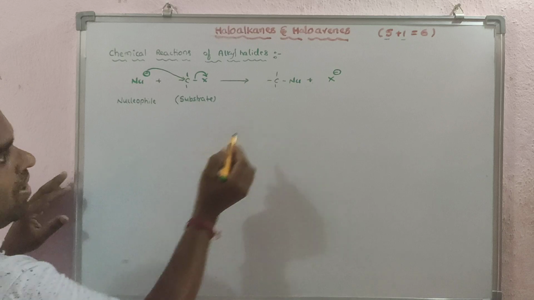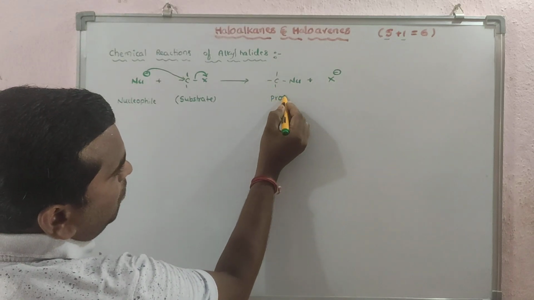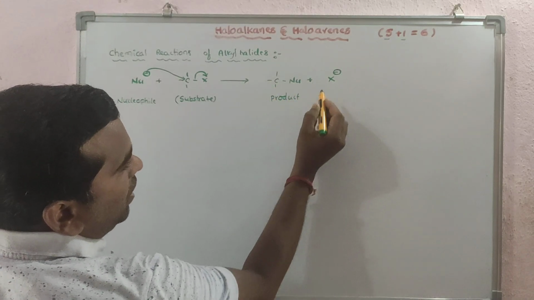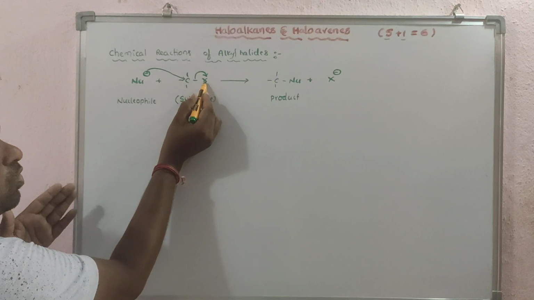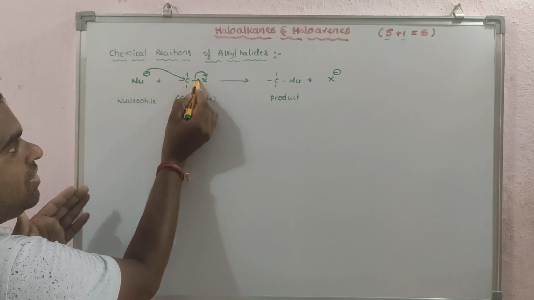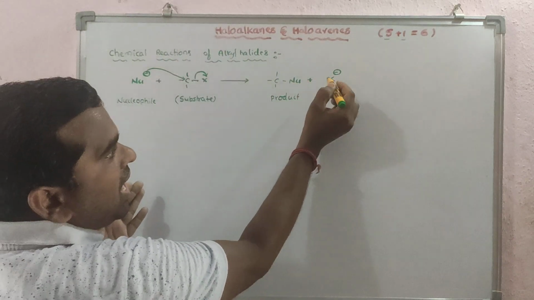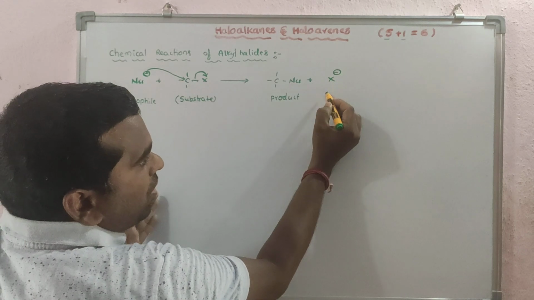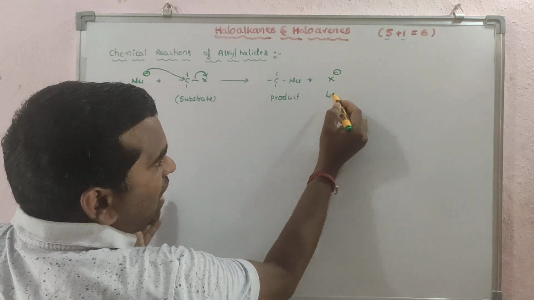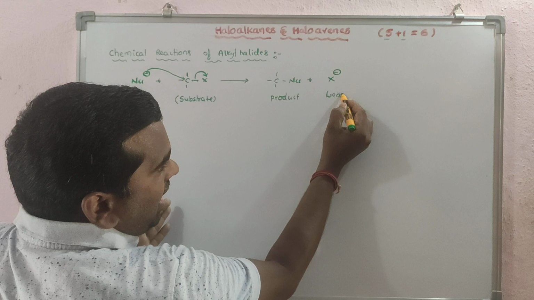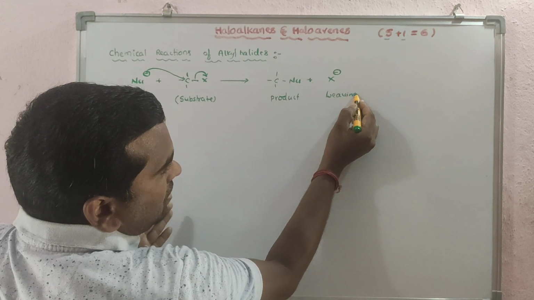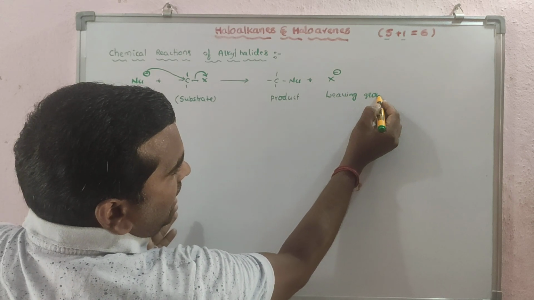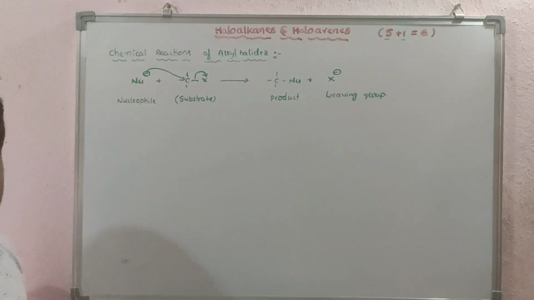Then this is the product. And here the halogen leaves along with its pair of electrons and is converted into a halide ion, and it is removed as a halide ion, called the leaving group.